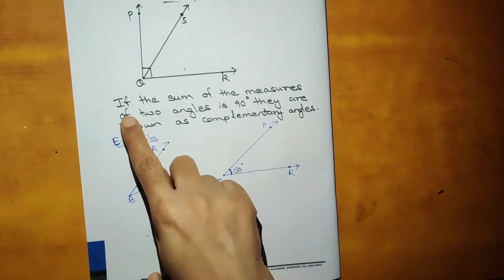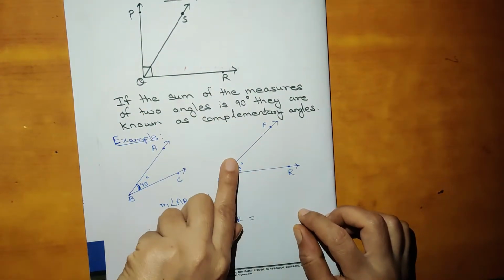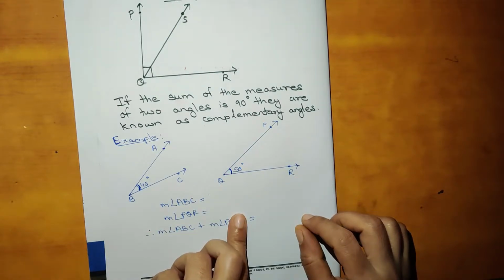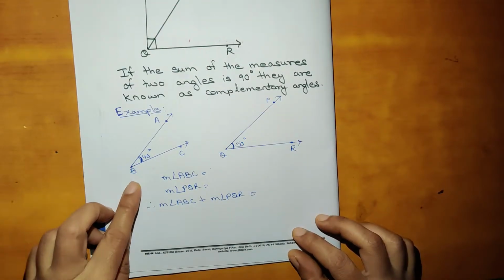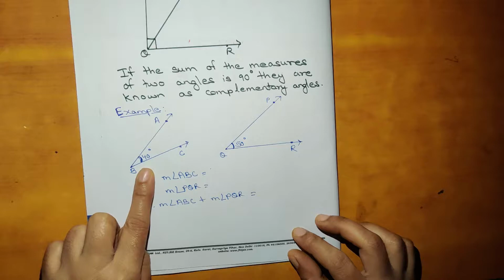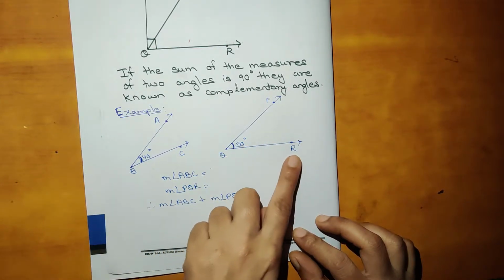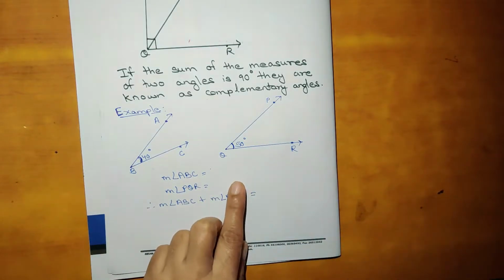So the definition written here: if the sum of the measures of two angles is 90 degree, they are known as complementary angles. For example, angle ABC is given 40 degree, and angle PQR is given 50 degree.